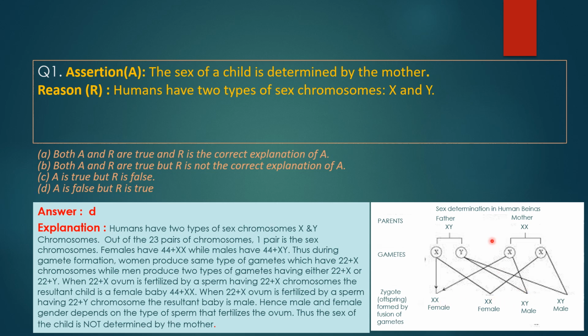Now we have seen that the mothers produce only the same type of ovum, that is the ovum having X chromosomes. It's only the father who is able to produce the differentiated sperms, which results in the different genders of the babies. Hence, the sex of a child determined by the mother is incorrect.